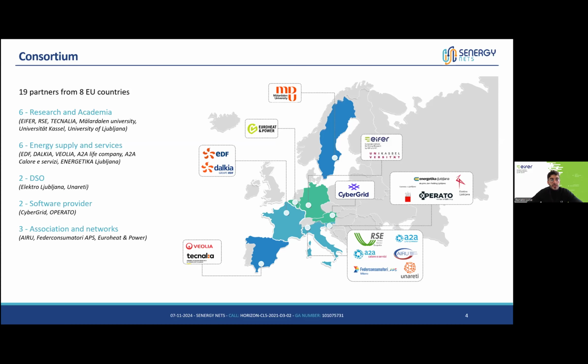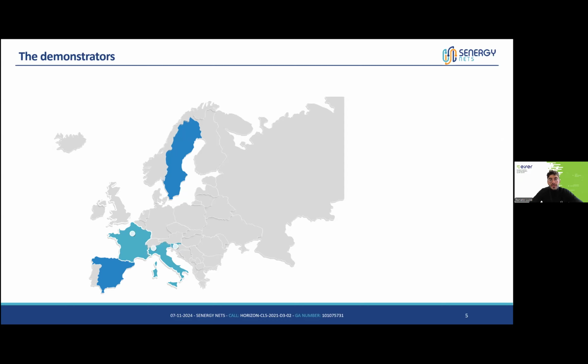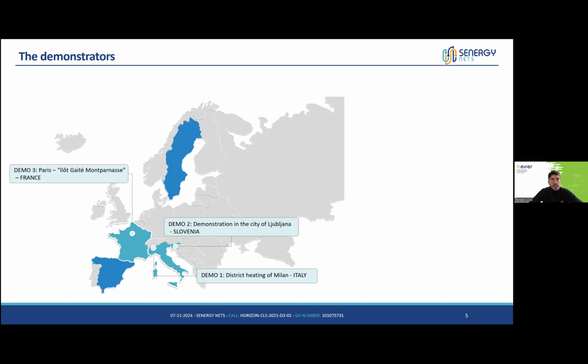On top of that, we also have 3 different associations and networks. Just to show you where the demo cases are located, the first demonstrator is in Milan, the second in Ljubljana, and the third in Paris. The additional 2 case studies are in the city of Cordoba, Spain, and in the city of Västerås in Sweden.